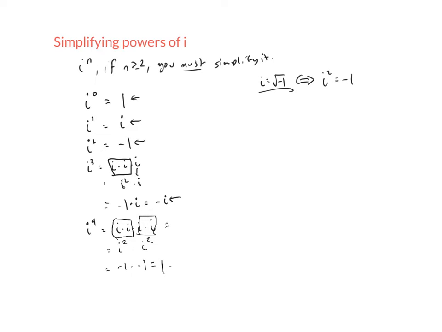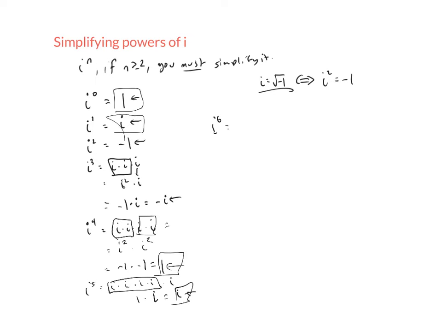Anytime I have i to the fourth, that's going to give me +1. So if I go to i to the fifth, I could group those first 4 i's together and make that 1, and that would be 1 times i, which comes out as i. Notice, i to the 0 is 1, i to the first is i, and now I've hit a pattern where I've hit 1 again at i to the fourth, and i at i to the fifth.